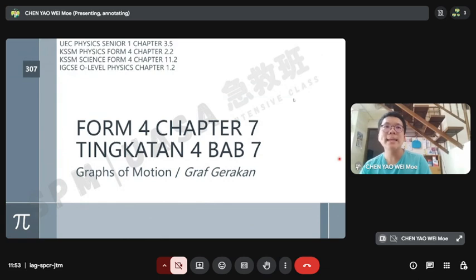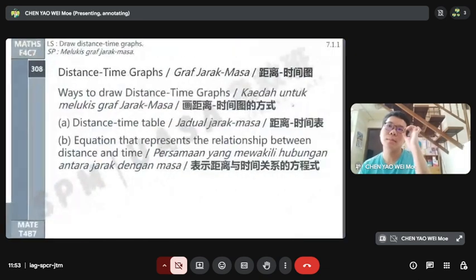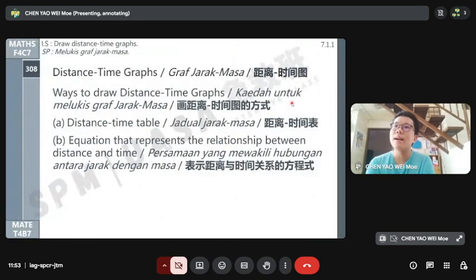Today, we make it simple. We learn about distance time graph. We will know how to draw distance time graph, and we can construct a table or construct equation and make distance time graphs.